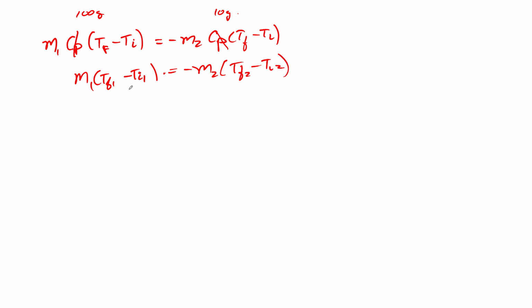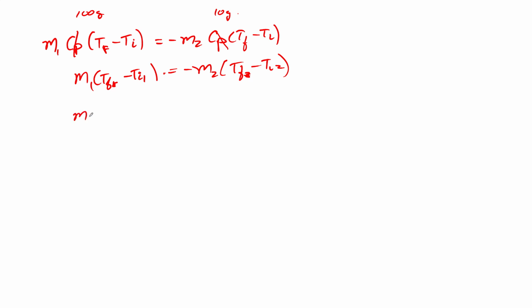Now, folks, since M1 and M2 are going to be touching each other, these things are going to be the same temperature. By definition, the final temperature of object 1 and object 2 have to be the same thing.